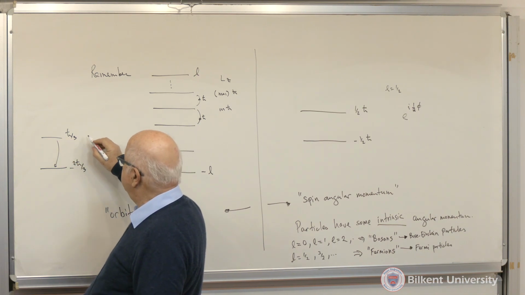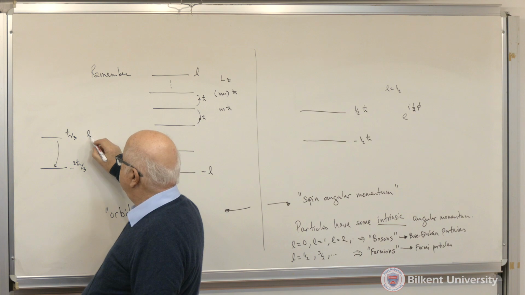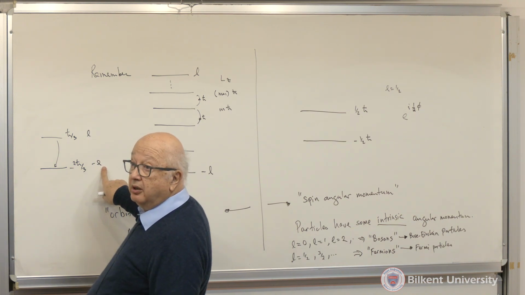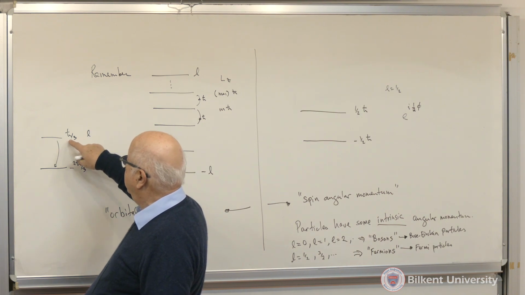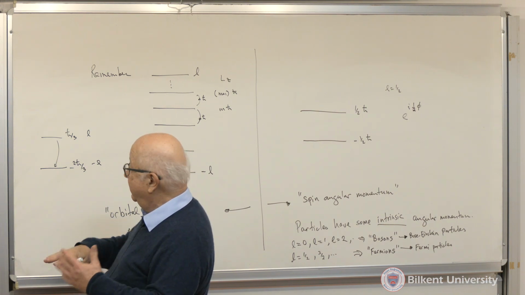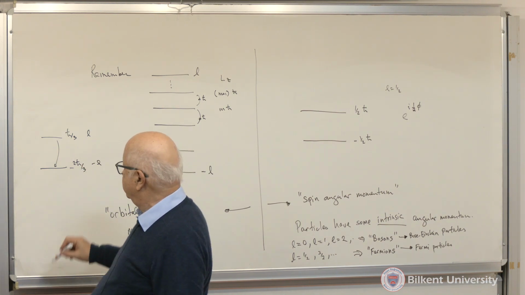I have to start from some upper angular momentum level and go to minus that. If the upper one is equal to h bar over 3, it doesn't fit. So it has to be h bar over 2. This doesn't work.